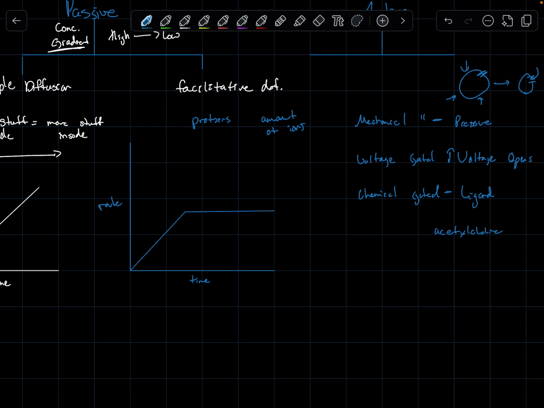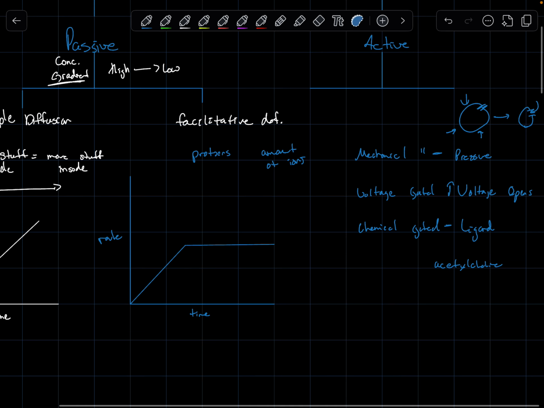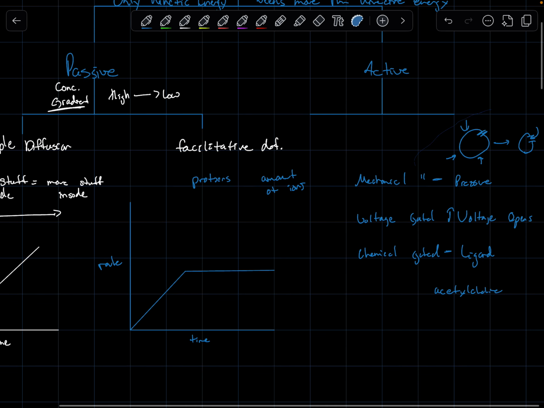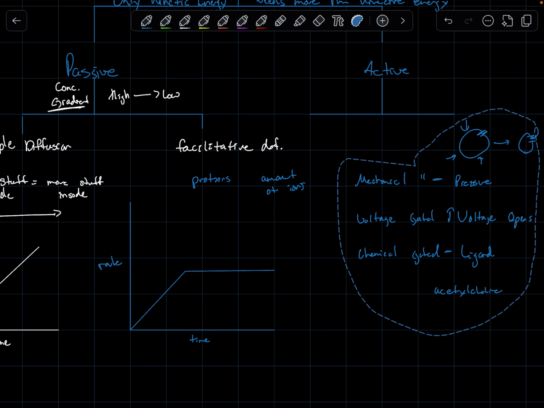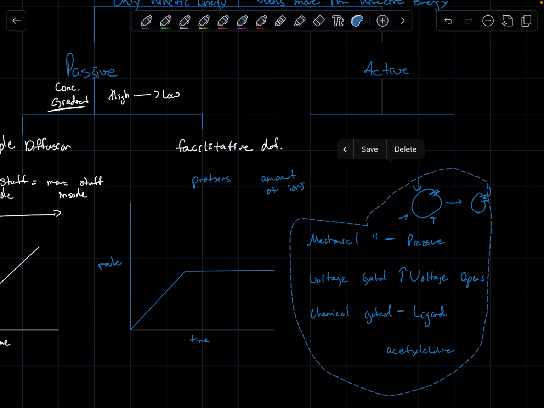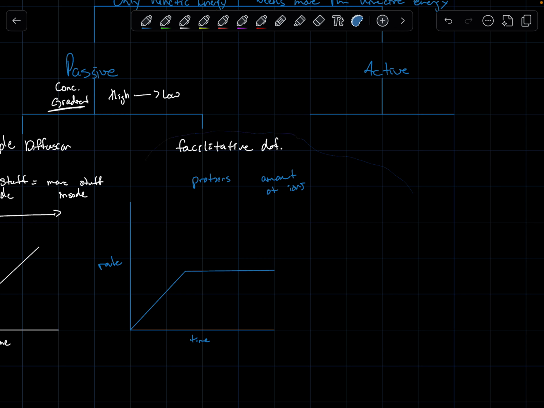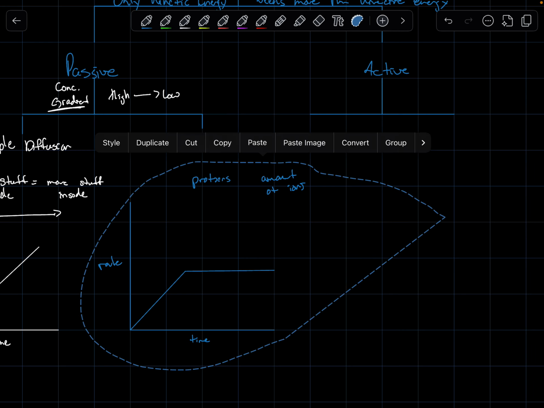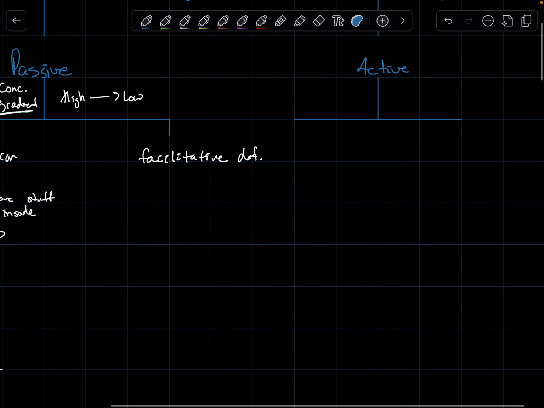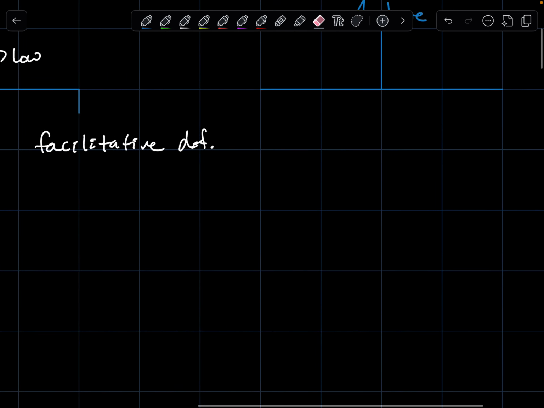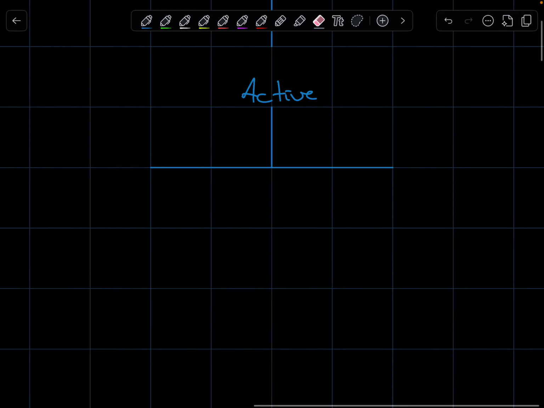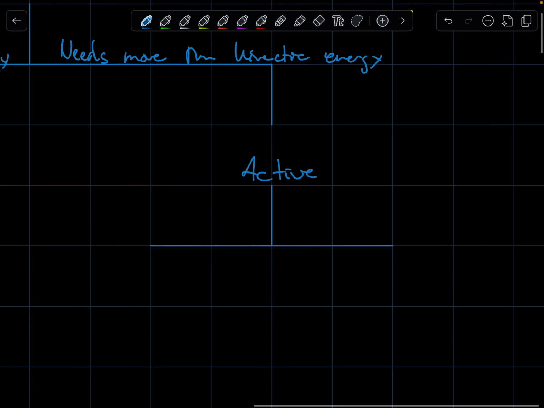Now, I'm going to erase this and we're going to move on to active transport. Okay, so there are two forms of active transport.